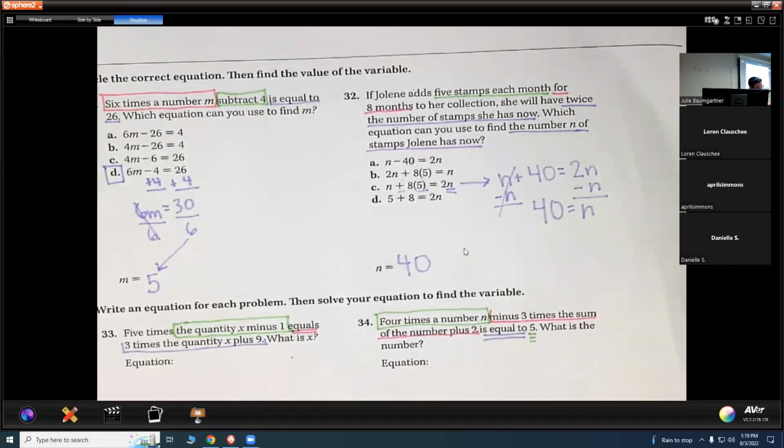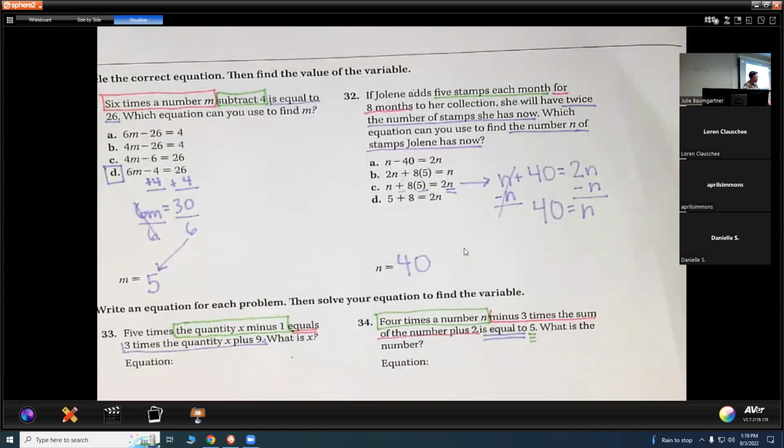And I don't think Jolene can have a negative number of stamps. Look at how many less than 0 stamps I have, guys. I have so few stamps I have less than. No worries though. Good question. All right, everyone feel okay about 32 now?